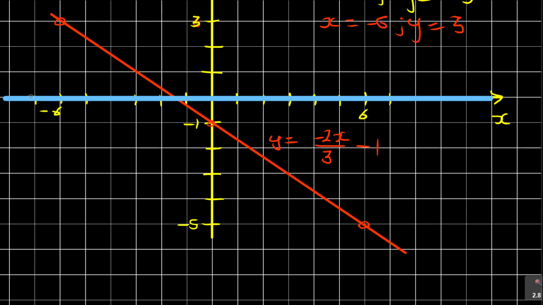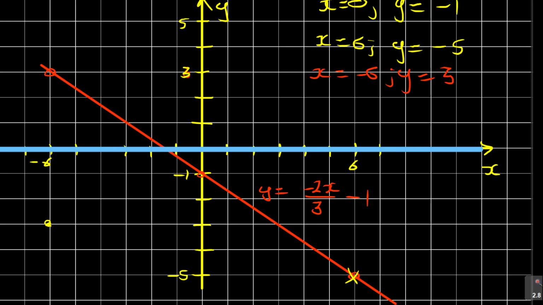If you reflect it along the x-axis, this part, which is -3, will become +3, and this part, which is +3, will become -3. And this part here, which is -5, will become a +5. So now if I draw this graph, it will look like this.